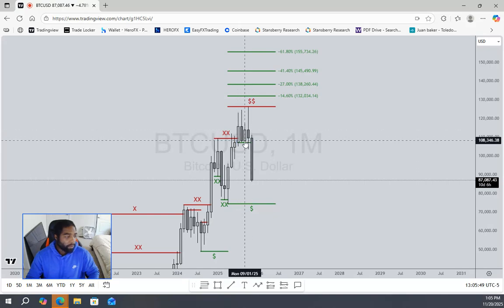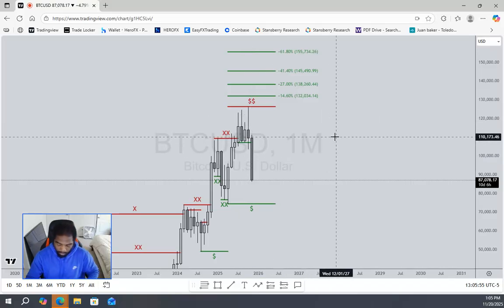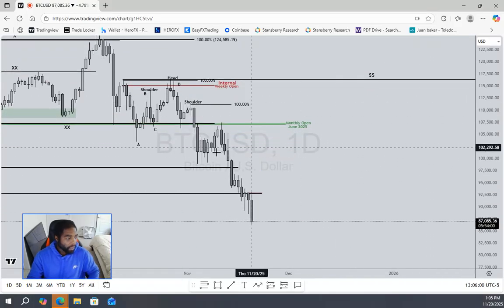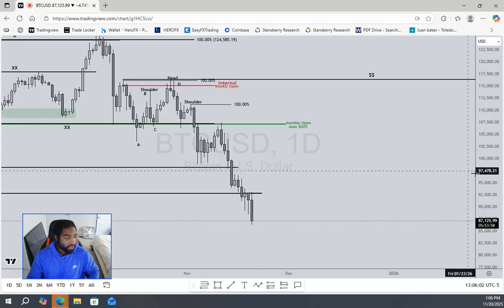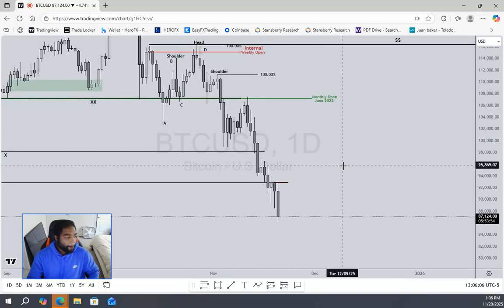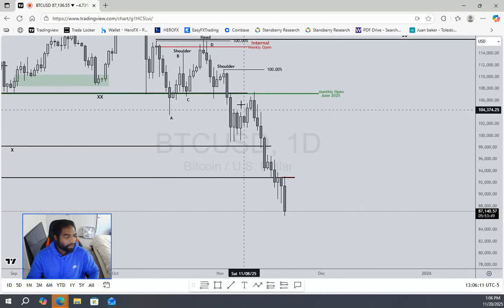Showed respect at the open. Encountered this continuation, failed continuation, and now, as you can see, the reversal is upon us. With that, price retested the open of that monthly candle, and so on and so forth, as you can see.